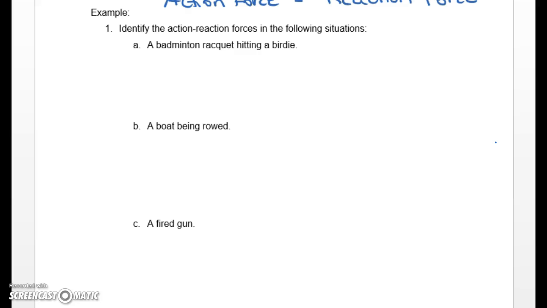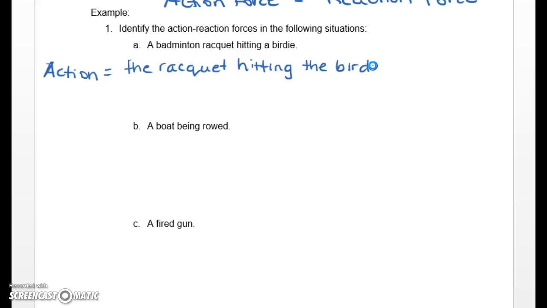So the action is that the badminton racket is hitting the birdie, pushing the birdie forward.